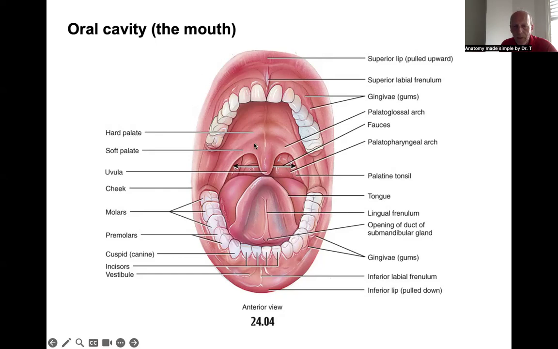Interestingly enough, and you need to know this, the soft palate, with its muscular core, is quite a mobile part of the oral cavity. When the soft palate is elevated, it closes the entrance into the nasal cavity and therefore ensures that the content of the oral cavity is properly diverted into the rest of the digestive tube.